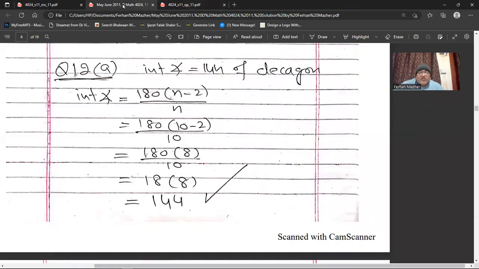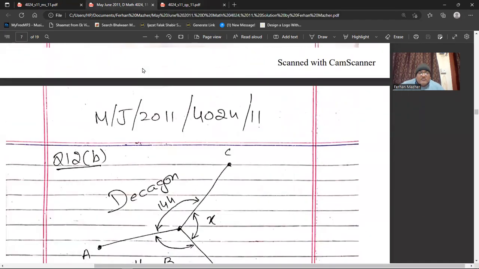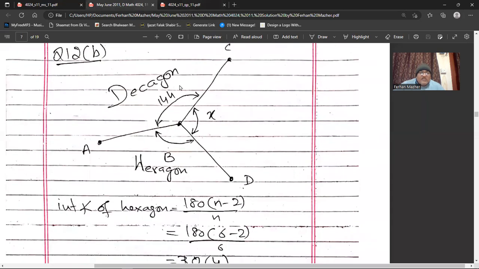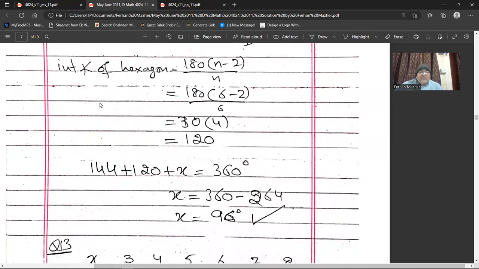So let me show you. I have done this question. This is a decagon, so this internal angle will be 144. This is x, which we want to find out. This is a hexagon, so I will first of all find out the internal angle of the hexagon. The internal angle of the hexagon will be 180 bracket n minus 2 bracket close divided by n.